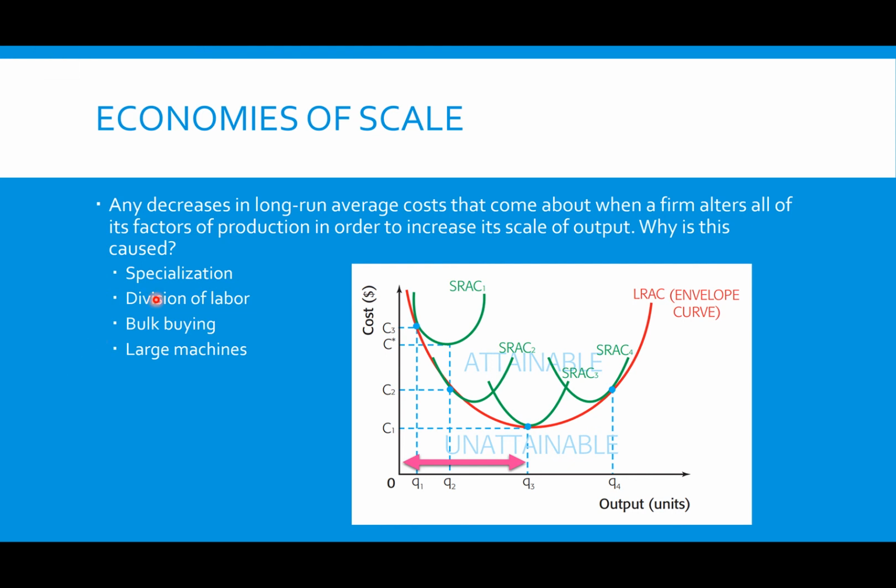The second one, division of labor. Say there is one big production process where 5 workers were being hired. Now let's increase the workers to 10 workers. Again, division of labor, one can do their own job quickly, resulting in lower average costs. The third one, bulk buying.